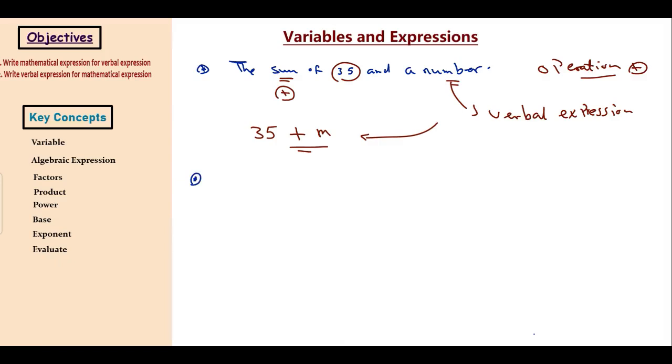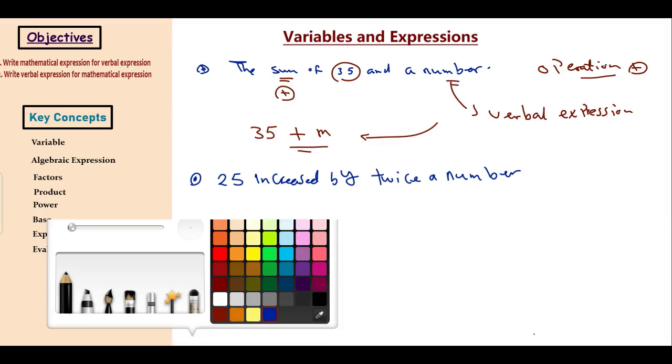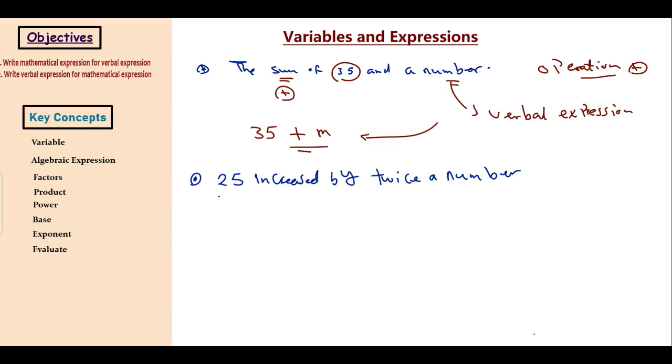Okay, so let's take one more example to understand this part deeply. If someone said that 25 increased by, let's say, twice a number. Something interesting here. Twice a number. Okay, great. So let's break our sentence down. So we have 25 that increased by.